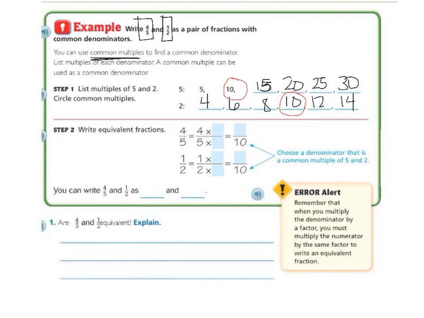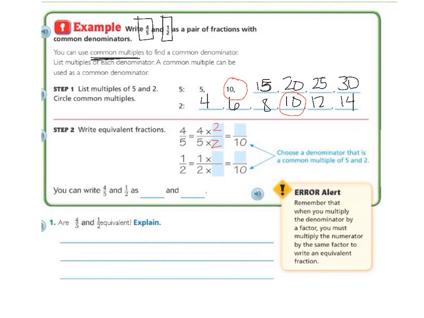So that means since they both have 10, I'm going to make both of my denominators 10. So, in order to make 4/5 into something over 10, I need to multiply both the bottom and the top. 5 times 2 is 10. And remember, whatever I do to the bottom, I have to do to the top. They're tied together. So if I multiply the bottom by 2, I'm going to multiply the top by 2.